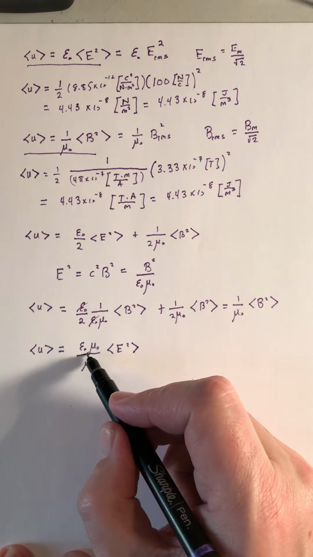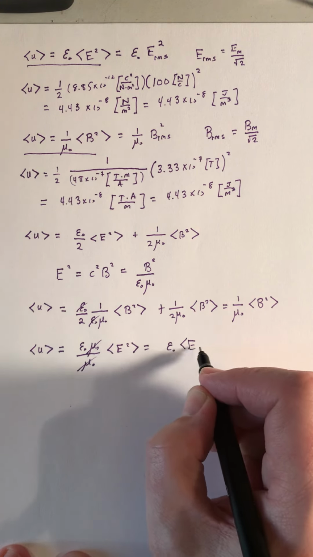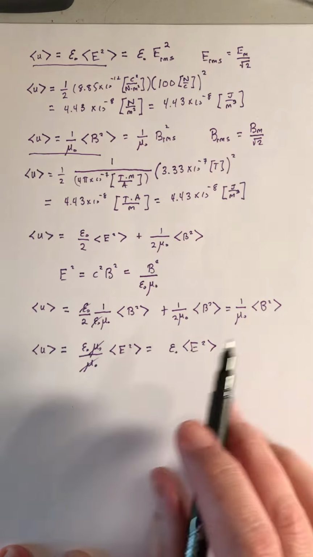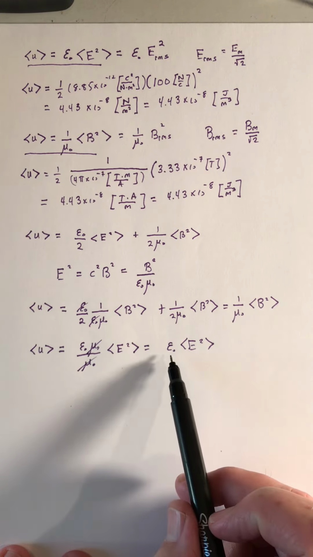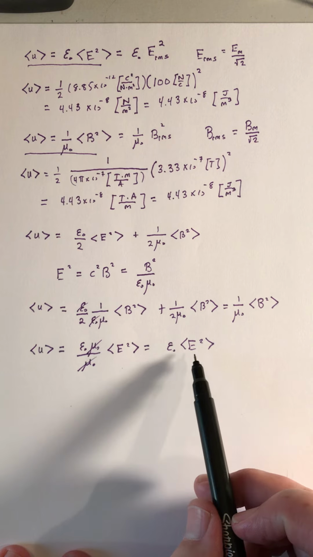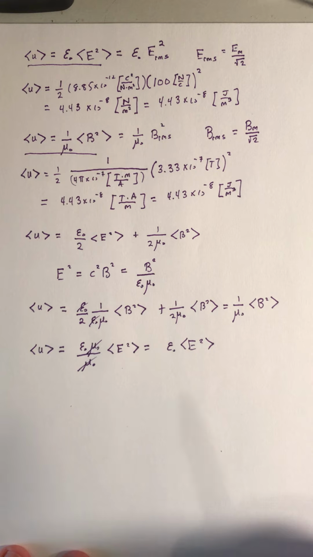Alright, so this gets us the relationship that we started from. Energy density in an electromagnetic wave, if we want to find it just from the electric field, it's going to be the permittivity of free space times the average value of the square of the electric field.